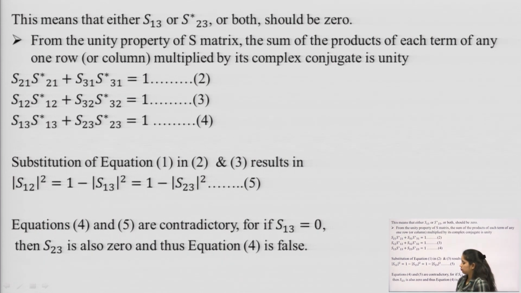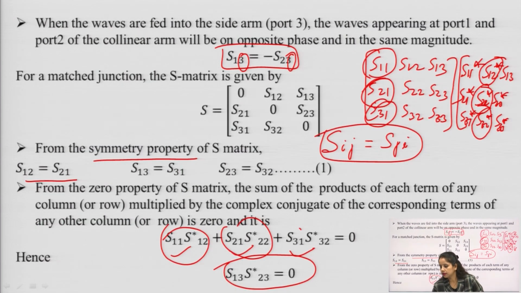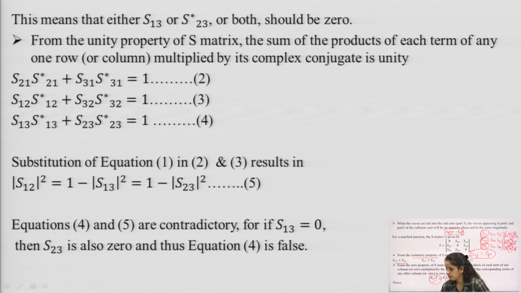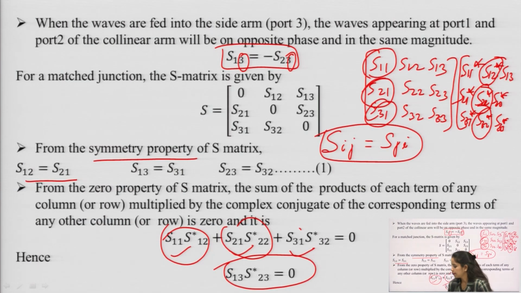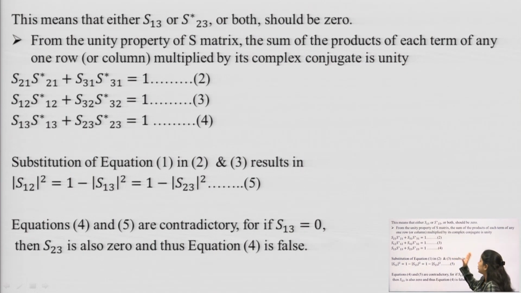So in that case, S21 multiplied with S21 conjugate, similarly S31 multiplied with S31 conjugate. S11 multiplied with S11 is taken as 0 because we are considering here a matched network. So that will be equal to 1.